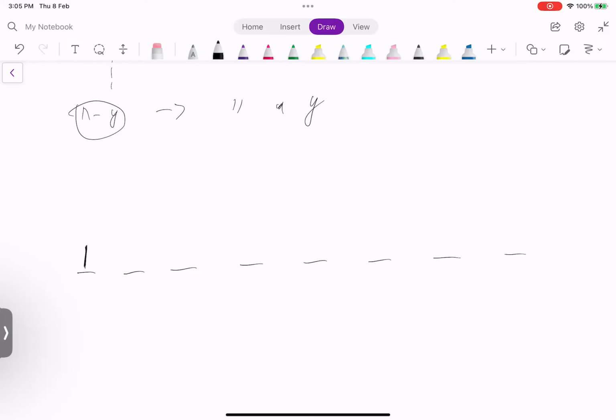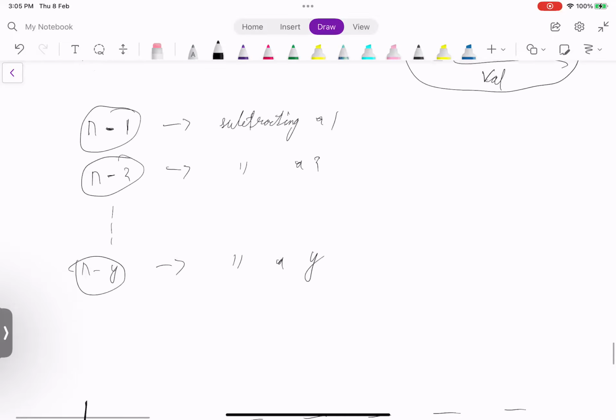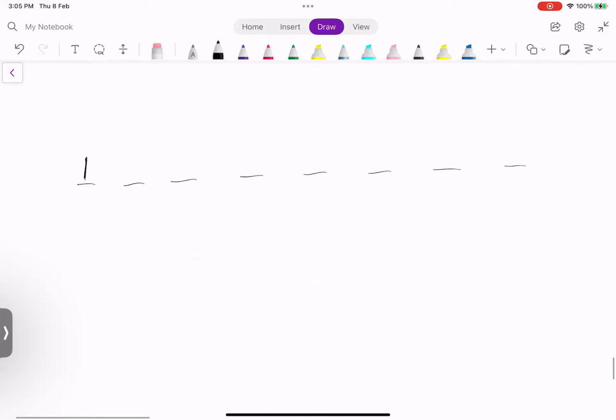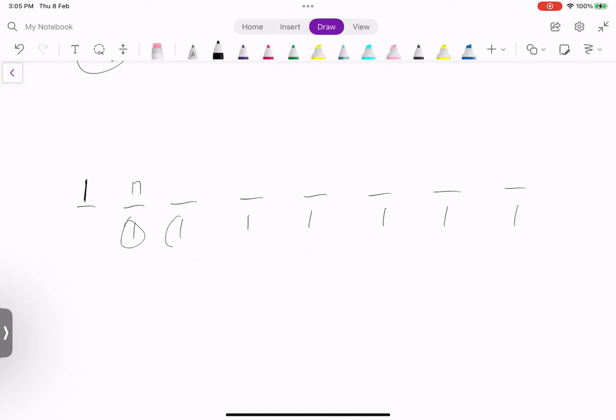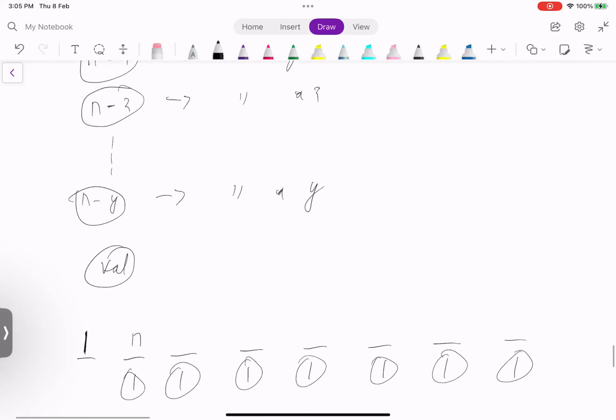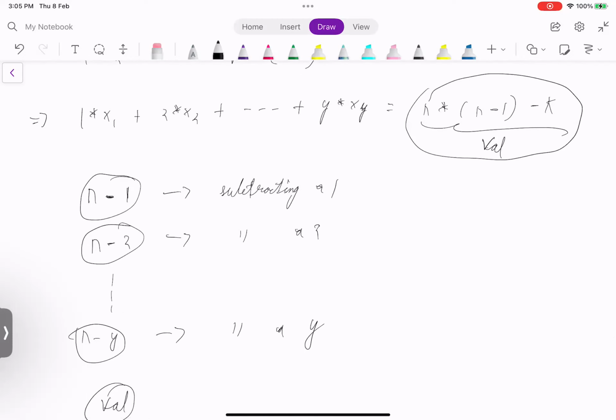So for that, what we can do here is, firstly, let's say if we put a n here, that means all this will result in a subtraction of 1 from the value, right? Where by value I'm referring to this RHS.